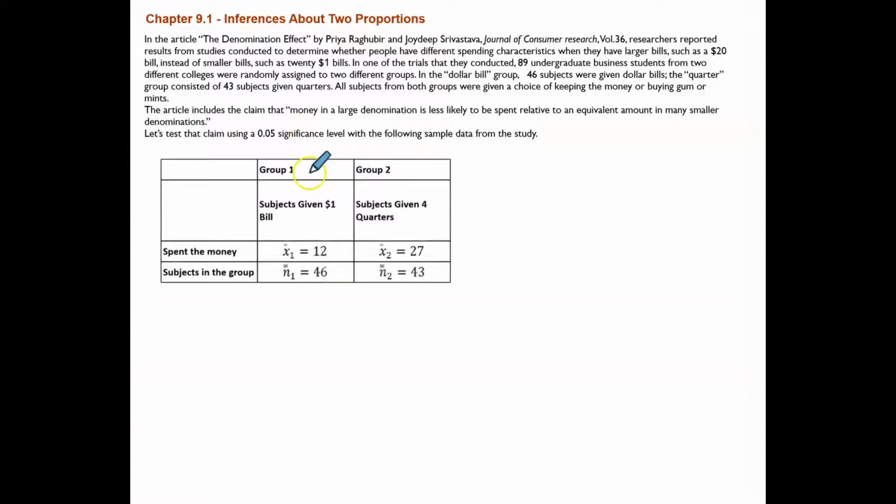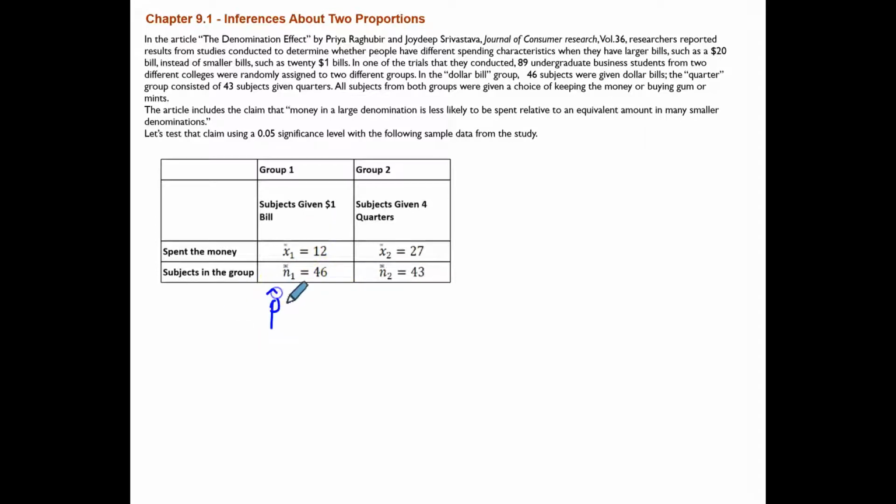Let's call the first population Group 1, subjects who were given a $1 bill, and population 2, Group 2, subjects who were given 4 quarters. X is the number of those who spent the money, and n is the total number in the group. In the first group, there were 12 people who spent the money out of 46 total.